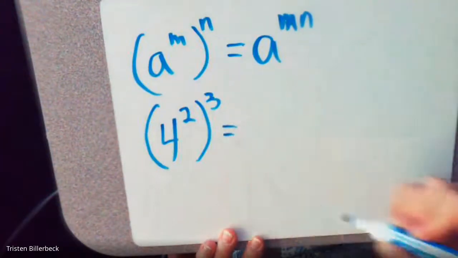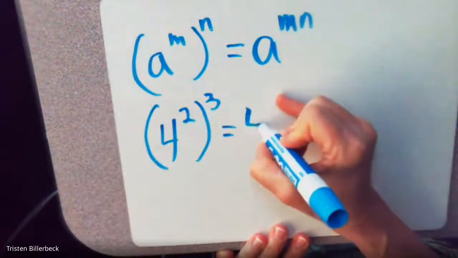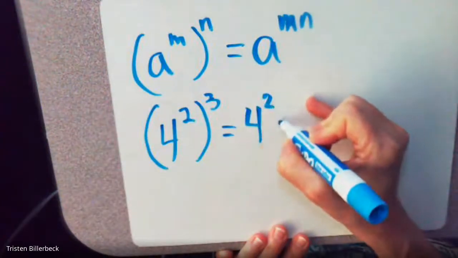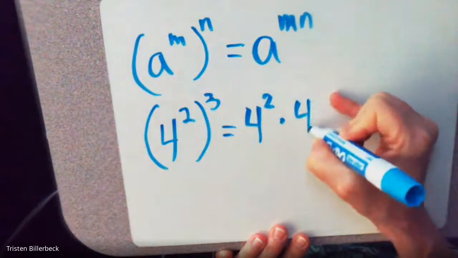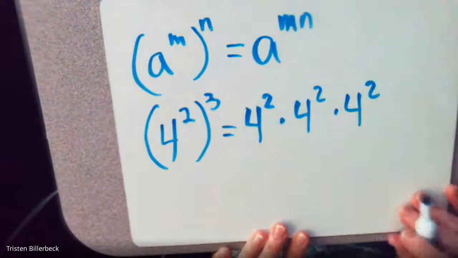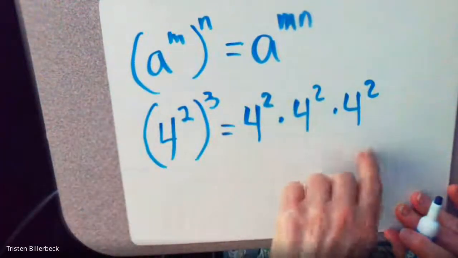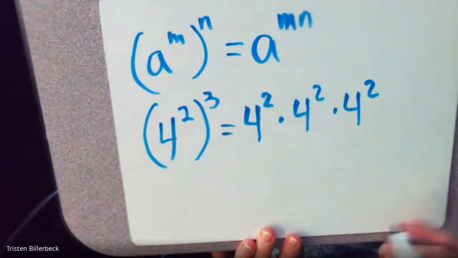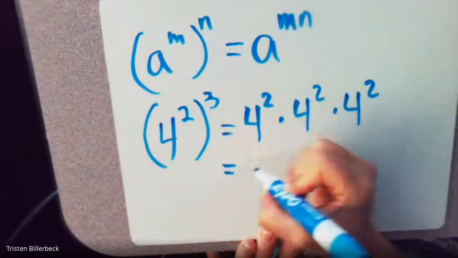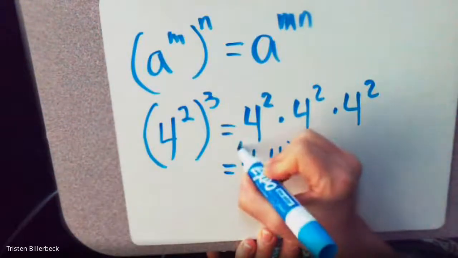So what that means is I've got 3 4 squareds. So I can write 4 squared times 4 squared times 4 squared. So I have 3 of them. I have 3 4 squareds. 1, 2, 3. Well, that also means 4 squared is 4 times 4.